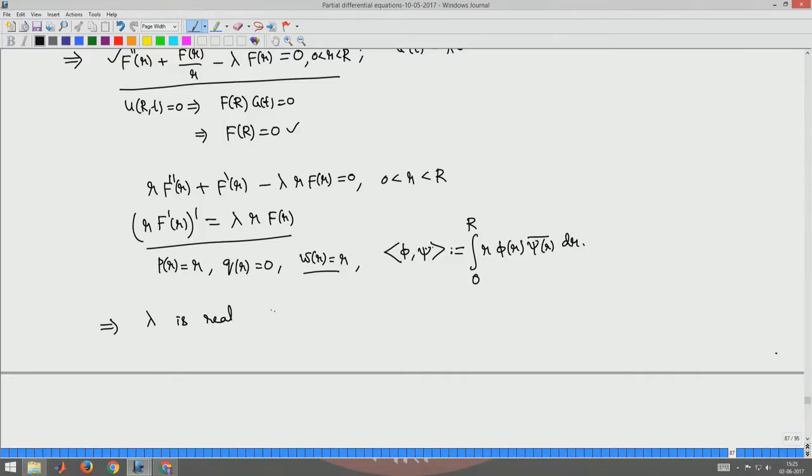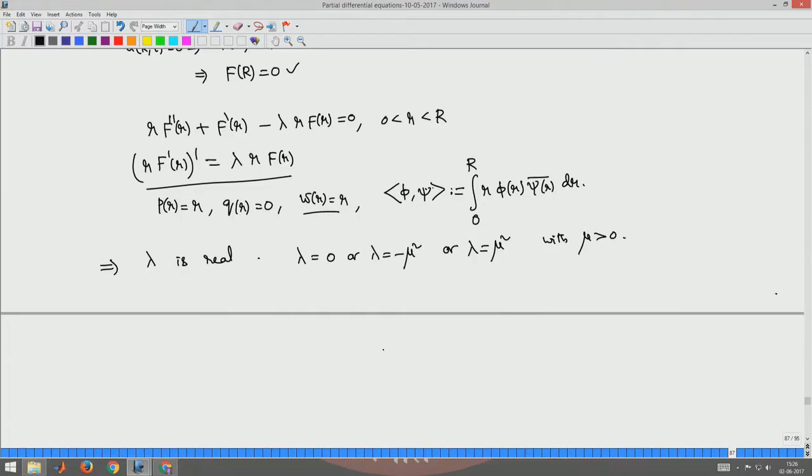So, lambda is real, that means lambda equal to 0, lambda is minus mu square, or lambda is mu square with mu positive. That is the meaning of real. You can choose any of these cases. So, start with the lambda equal to 0 case.